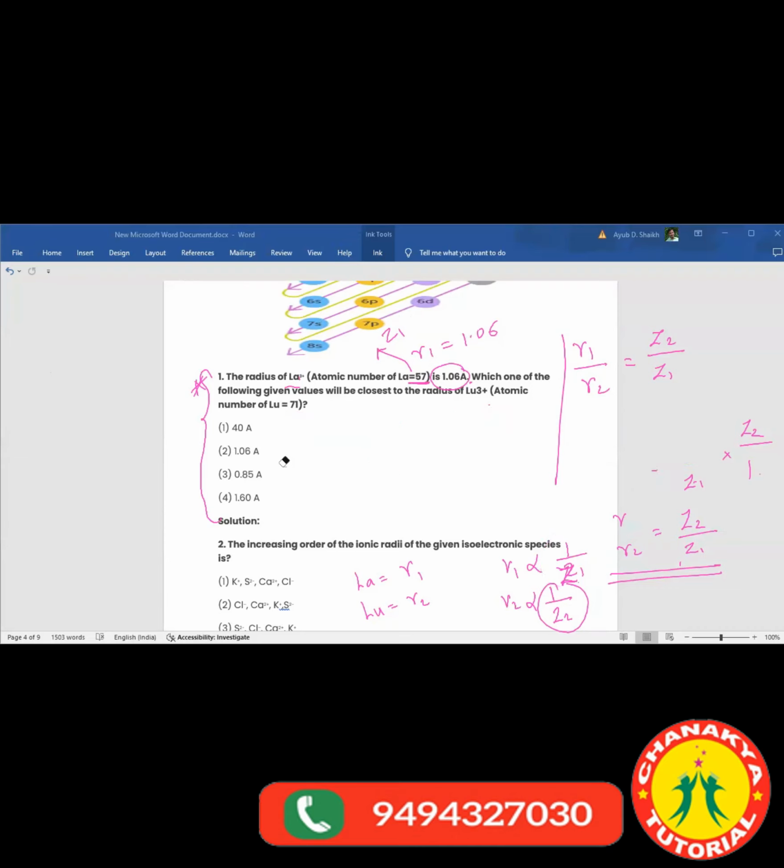In this, you put the values. R1 is equal to what? 1.06 upon R2 is equal to Z2 upon Z1. Sorry, Z2 should be on top: Z2 is equal to 71, correct? And Z1 is equal to 57.